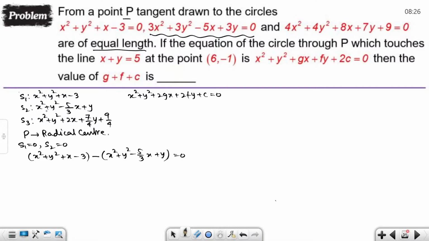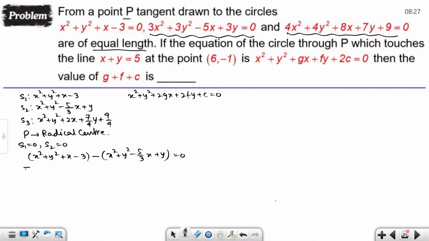So I have simply first divided the whole equation by 3, because I have to make the coefficient of x square and y square equal to 1. That's the reason why I have done it. The same thing I have done for the third equation also. So be careful while finding out the radical axis by using the formula s1 minus s2 equals to 0.